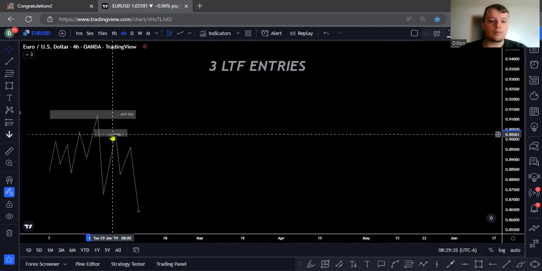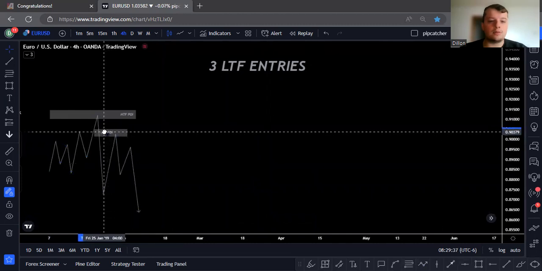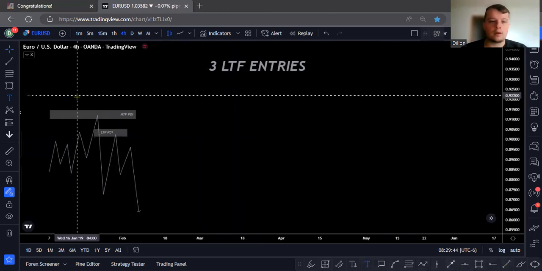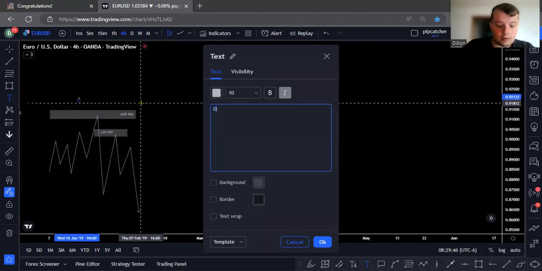So what you want to see around this, we'll call this the order block setup.